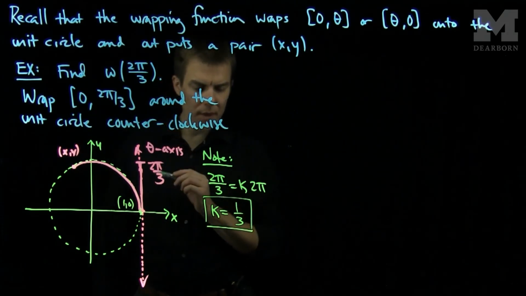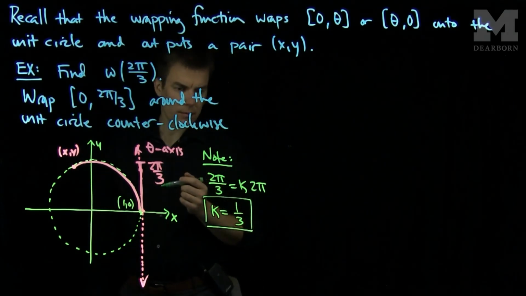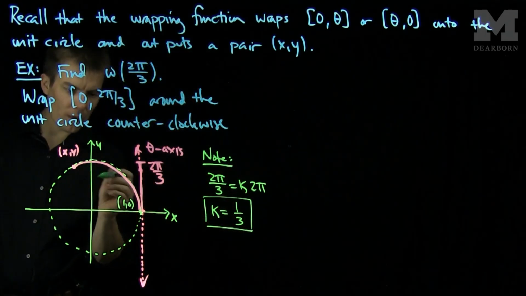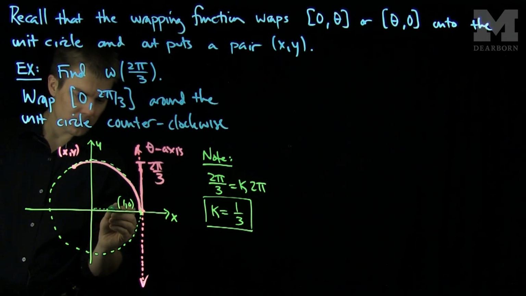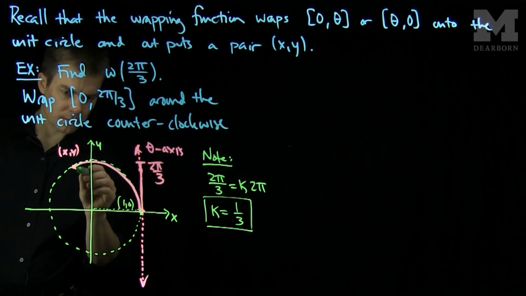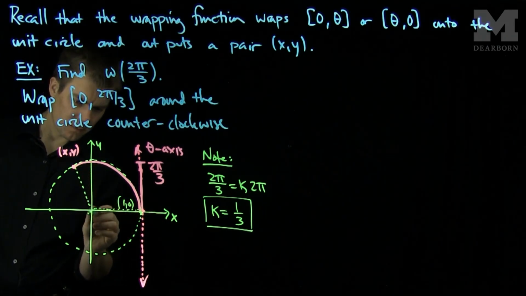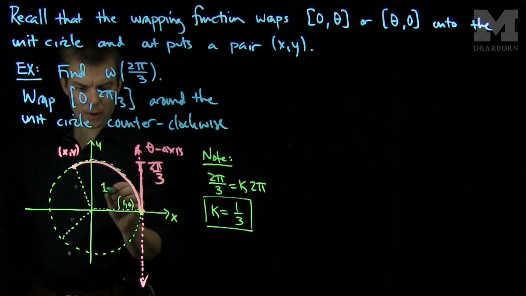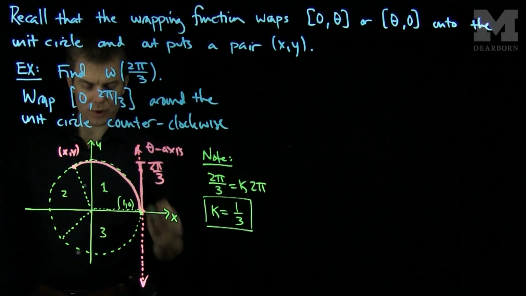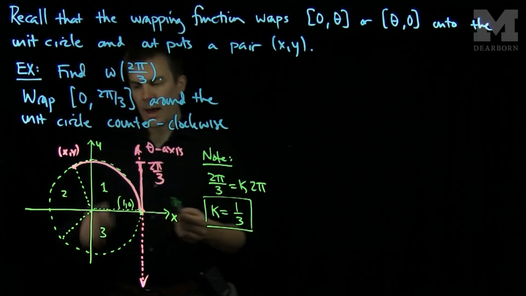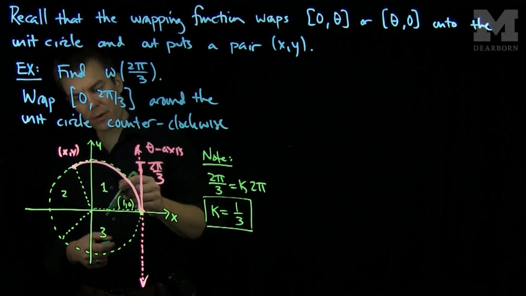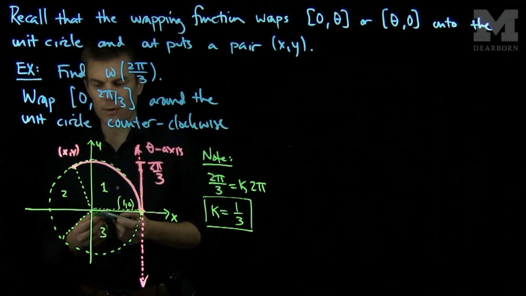So 1/3 of the unit circle is 2 pi over 3. So if I divide the circle into 3 portions, here's the first portion, here's the second portion, here's the third portion, I will have found where 2 pi over 3 resides.